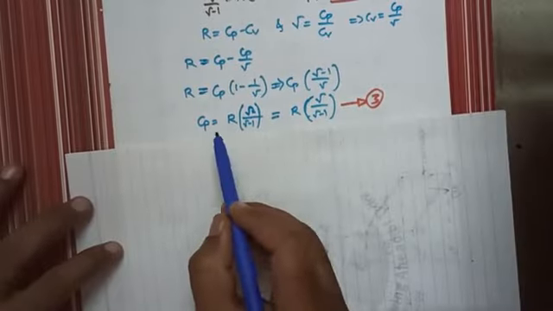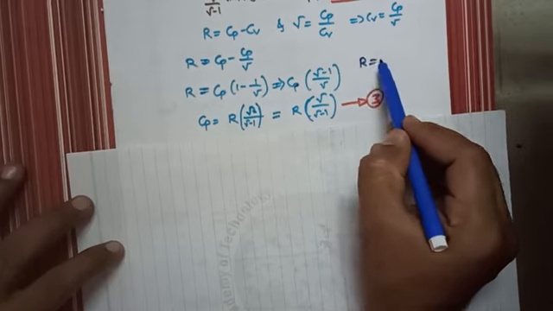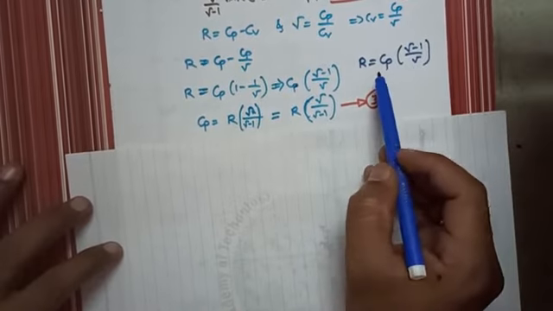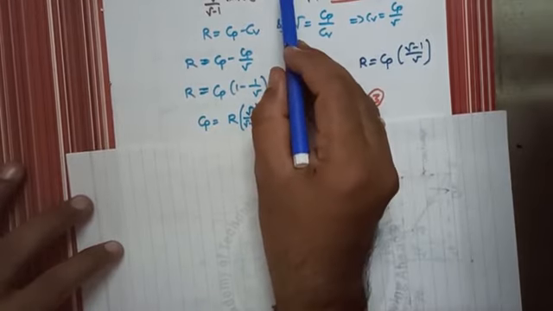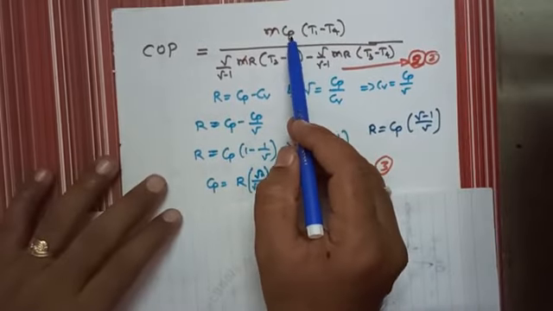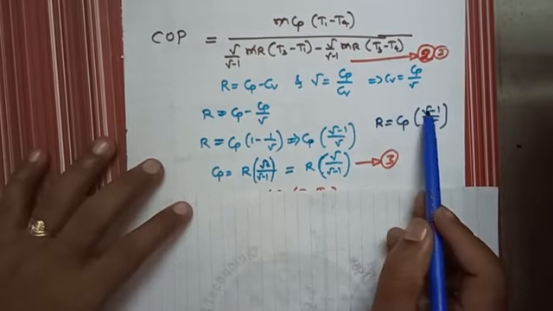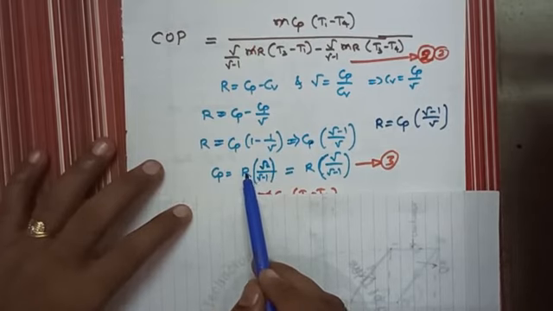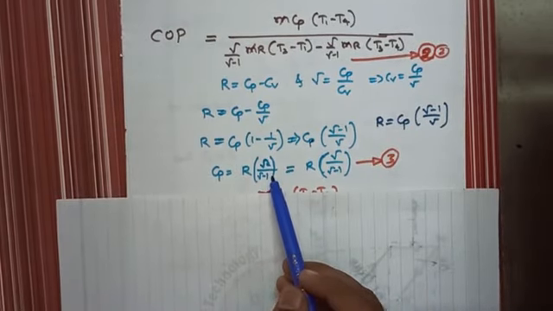So next step, see here. R is equal to Cp (gamma minus 1) by gamma. But I need the Cp expression, so that I can substitute Cp in the above equation. Cp is equal to R, and this term will go to the denominator: gamma divided by gamma minus 1.